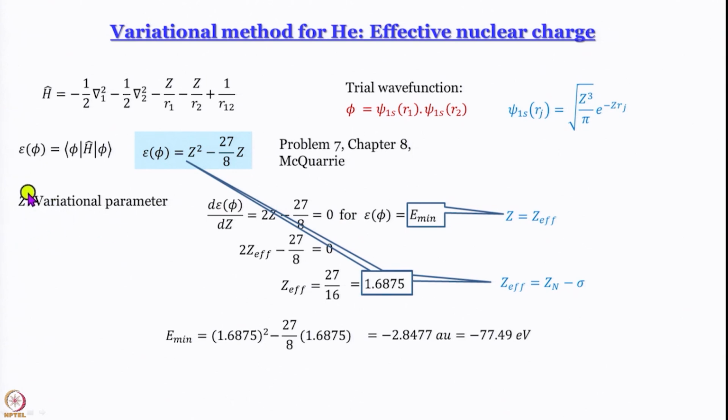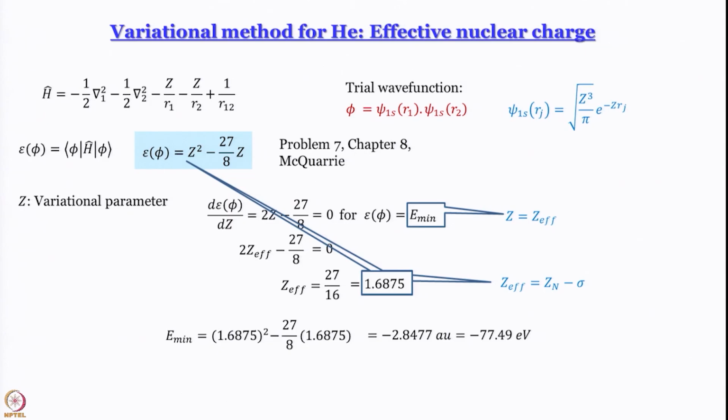So, what we do is we minimize epsilon with respect to z, and at the minimum value of it we say that z is equal to z effective. So, z effective turns out to be 1.6875, and hence one can calculate sigma, and E min turns out to be minus 77.49 electron volt, which is close to the actual value, but well, not close enough.